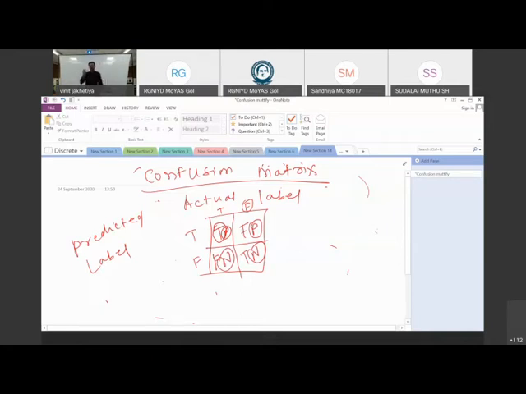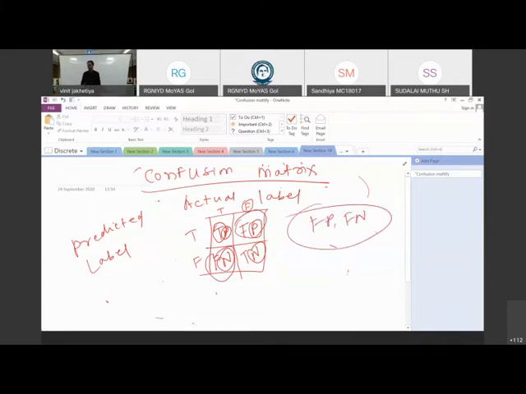So whenever you are creating any machine learning or deep learning model for the purpose of classification, in order to justify that your model is good enough, you always need to give this confusion matrix. You can appreciate one thing from this confusion matrix, that you always need to reduce the false positive and false negative.